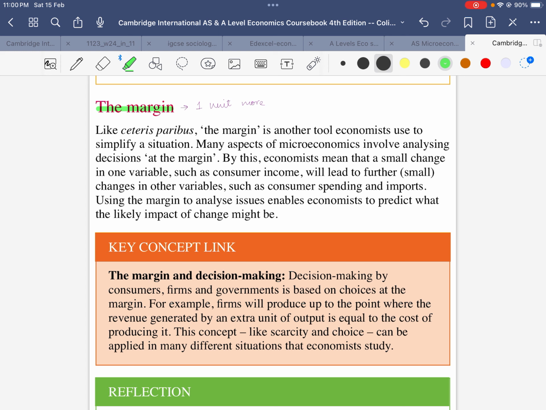The concept of margin is used basically in decision making, and businesses or firms use it to study how much impact a small change in price will have on the quantity demanded. Consumers use it to analyze a small change in their income, how will their demand for certain goods and services be impacted by a small change in their income, right? Whether they should reduce the demand, whether they should increase the demand, etc.